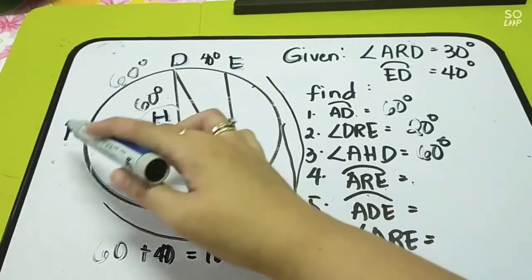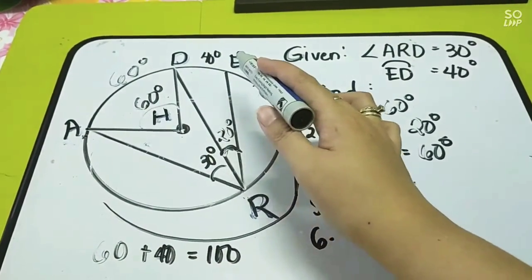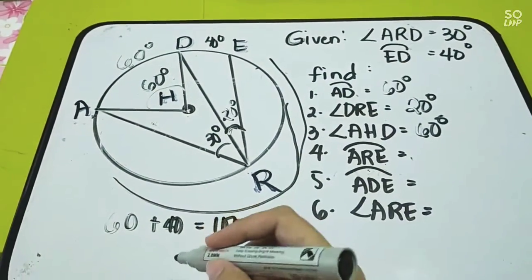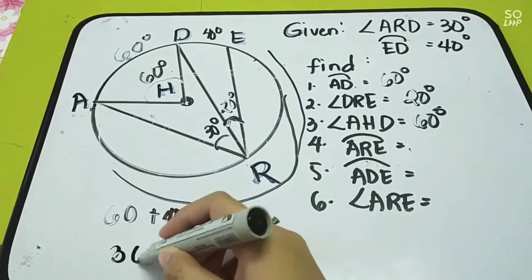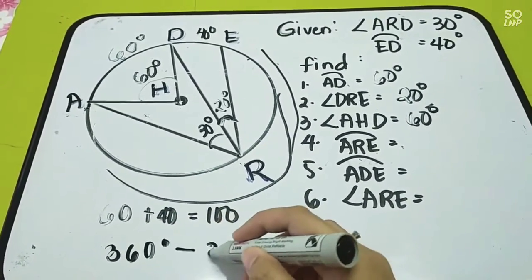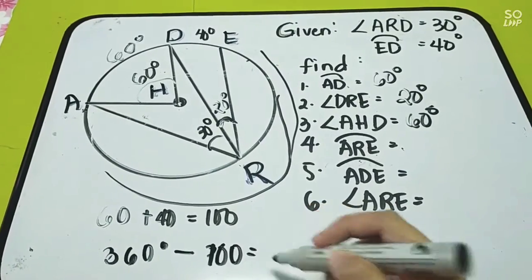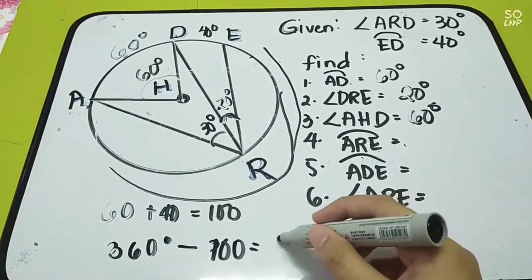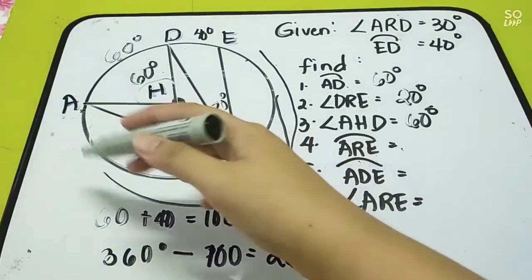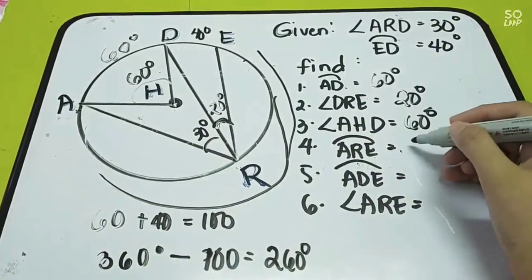So, the total of this arc ADE is 100. ARE is the remaining. To find it, you subtract 100 from 360 degrees. So, 360 minus 100, the answer is 260 degrees. So, that is the arc ARE.